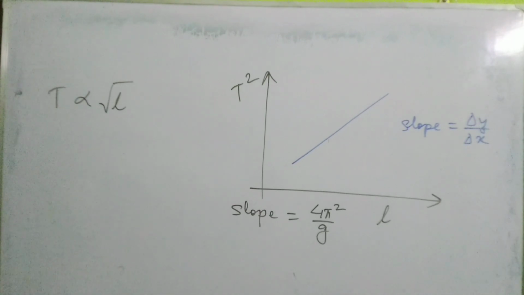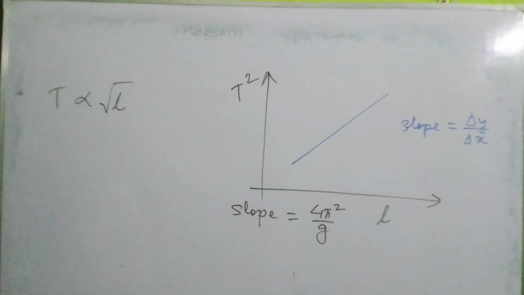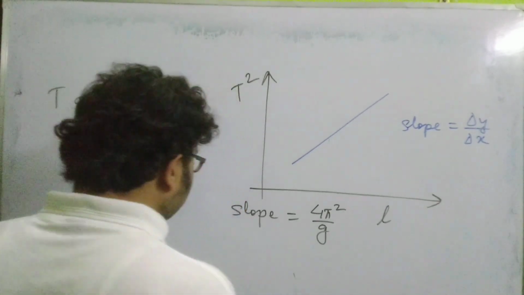If you do this at a certain place and plot the slope, you will get this constant 4 pi square by g, where g is the acceleration due to gravity. So can I determine the value of g from this equation? Yes, definitely.